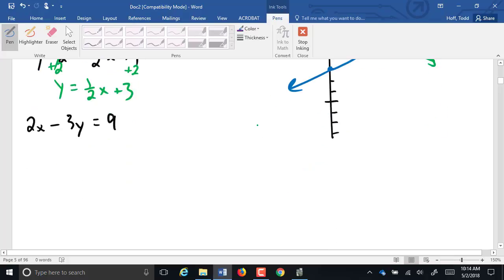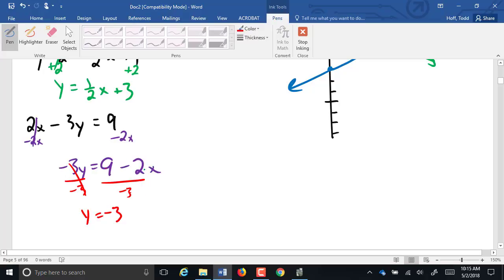The last one down here, we should start by subtracting 2x. We got -3y equals 9 minus 2x. And then we divide by a -3. So y equals 9 divided by 3 is a -3. Negative 2x divided by -3 is a positive 2 over 3 x.